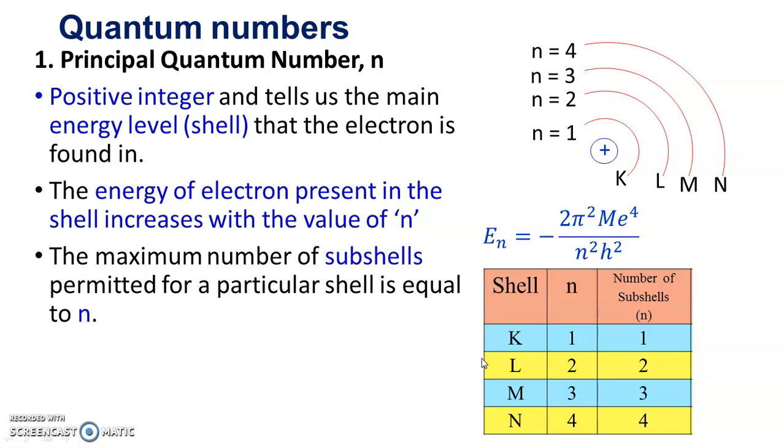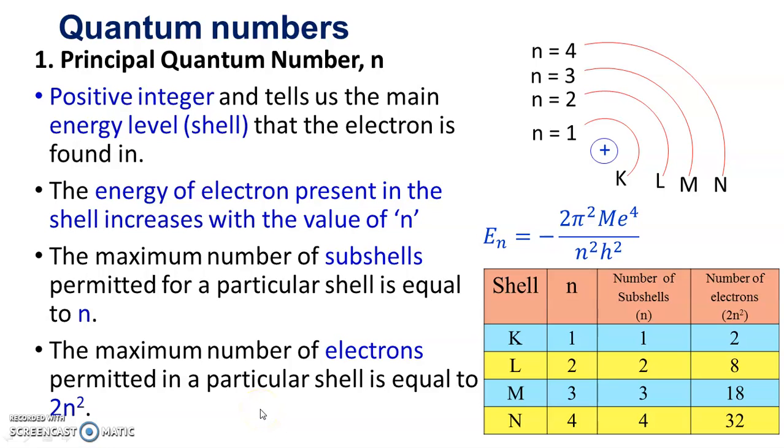Actually, it is considered that in shells there are subshells, in subshells there are orbitals, and electrons are actually present in orbitals. So in the first shell there is only one subshell, in the second shell there are 2 subshells, in the third shell there are 3 subshells, in the fourth shell there are 4 subshells, and so on.